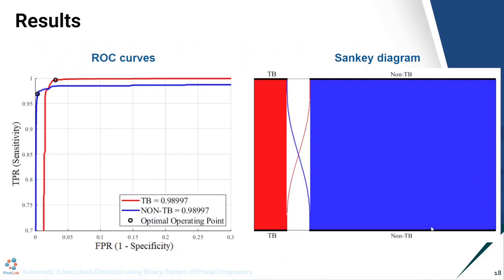Here, the ROC curves confirm the effectiveness of the model, giving an AUC value of 0.99 with an optimal operation point close to 1. About the Sankey diagram, it presents a new way of looking at the model's performance through the flows of its instances from input to output.